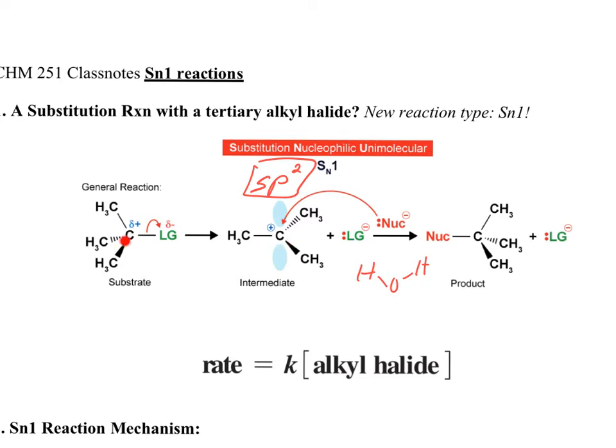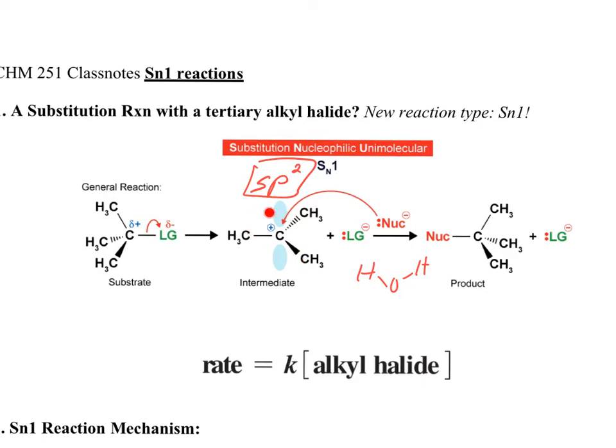So if this was an asymmetric center, if this was R or S, in the products you're going to get a 50-50 mixture of R and S. The stereochemistry for an SN1 reaction gives you a racemic mixture, because the carbocation is sp2 hybridized.